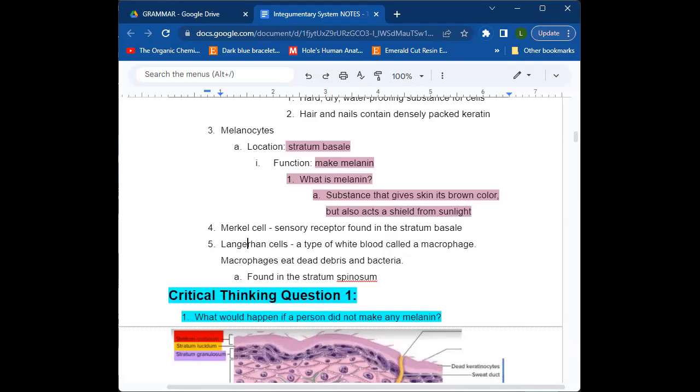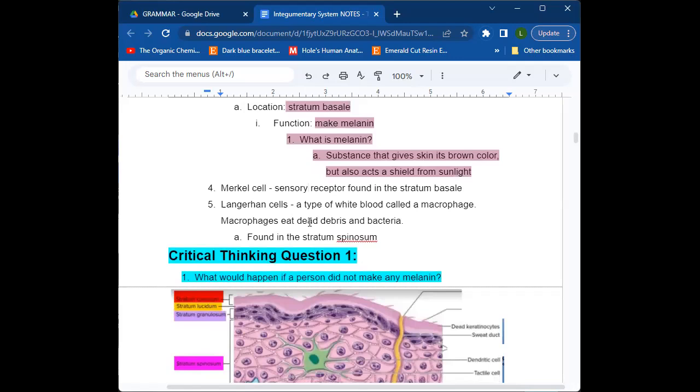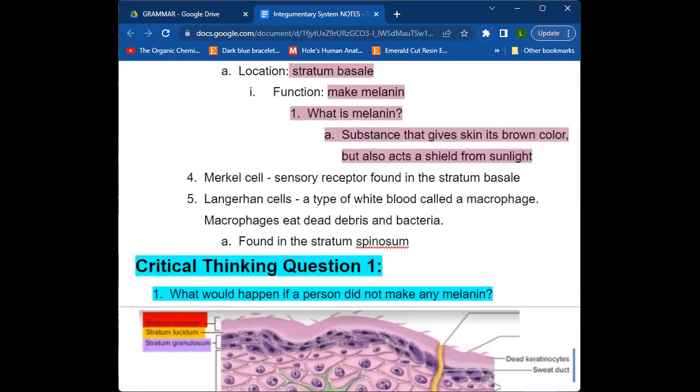And then for the Langerhans cells, those are specifically a type of white blood cell called macrophages. And so macrophages eat any dead debris or bacteria that get down into the skin.